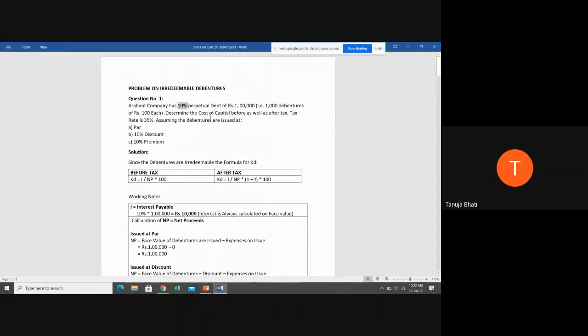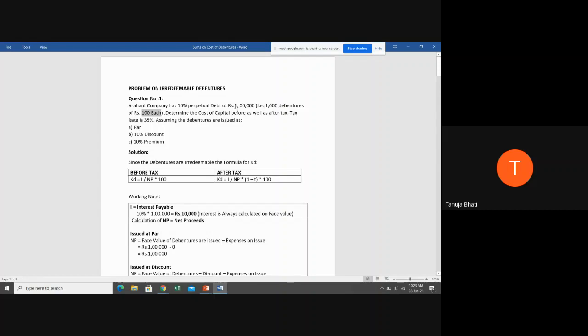Now, can anyone tell me on what is this interest calculated? Interest on debentures. Face value of debentures. Very good. Now, what is the face value of debentures? 1000 debentures are issued at 100 each. So 100 is the face value, right? But we have to multiply with the number of units of debentures, which is 1000.